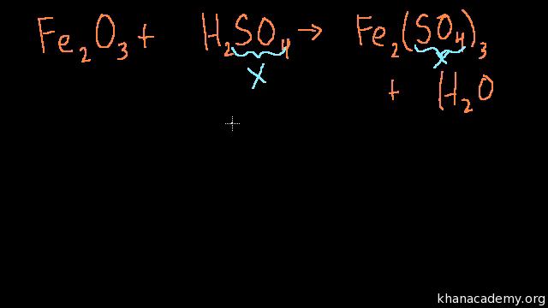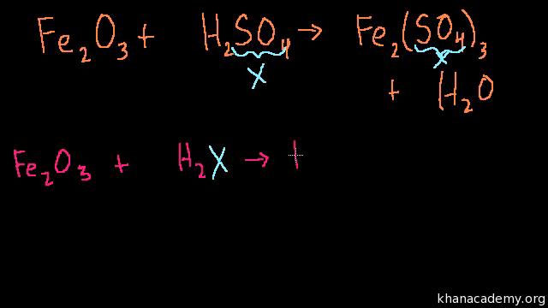And so if we rewrite this, I'll do it in a vibrant color: iron oxide plus H2, and there's only one sulfate group here, so H2X, yields this molecule with 2 irons, and it has 3 of these sulfate groups, plus water.